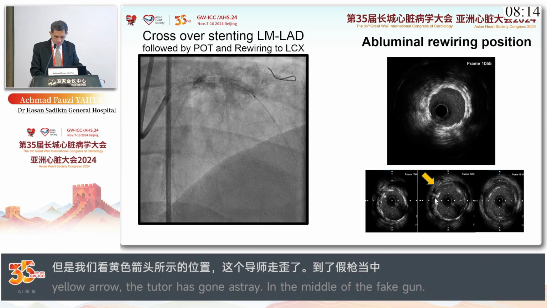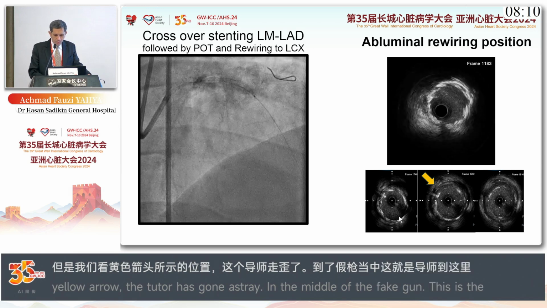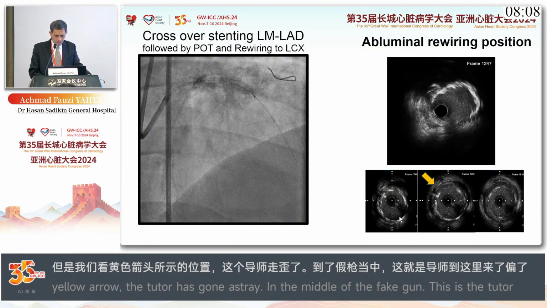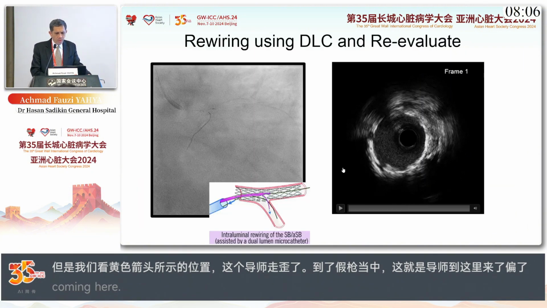So this is where the wire goes. At that point, we rewire using a double lumen catheter and re-evaluate.